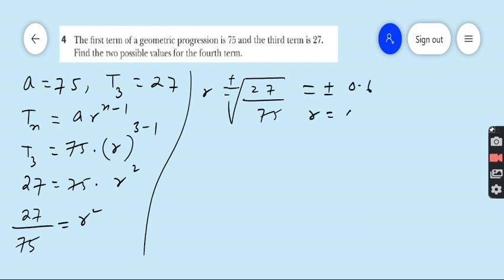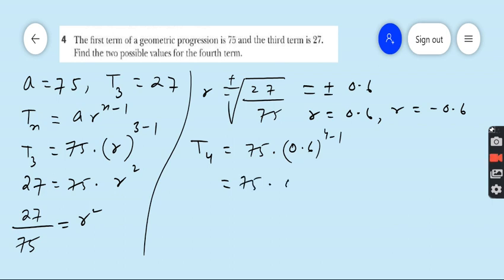So one value is 0.6 and the second value is minus 0.6. So T4, the requirement is to find the fourth term. T4 is equal to A, 75 dot R. I am taking 0.6 to the power 4 minus 1. So find it with the help of a calculator.